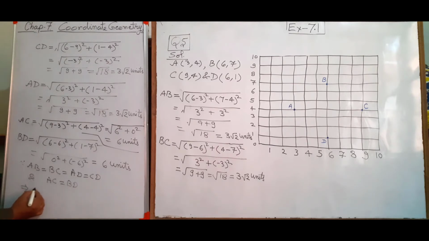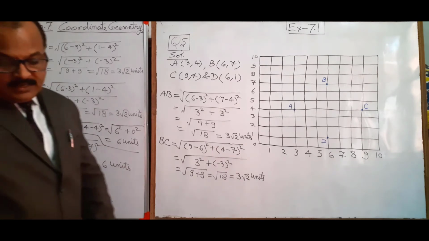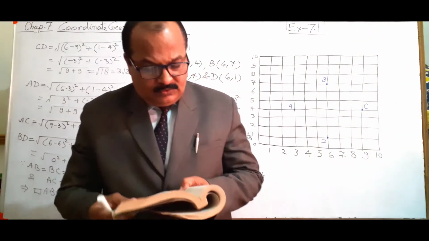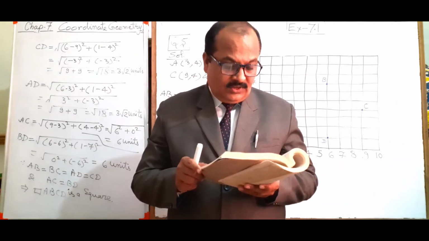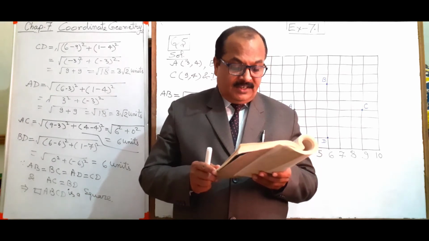Therefore, it implies that quadrilateral ABCD is a square. Now you can decide yourself which one, Champa is correct or Chameli is correct. So decide yourself. So this is question number 5. It is completed.